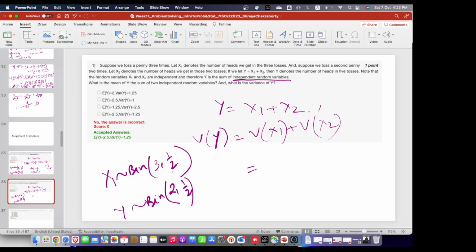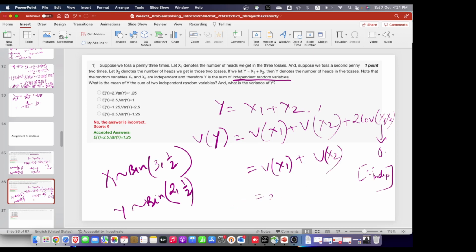So X1 plus X2 will follow binomial 5, half. Yes. So variance of X1 and variance of X2, we can add since they are independent. The actual term includes the covariance, but this part is 0 since independent. Alright, so we would have variance of X1 plus variance of X2.